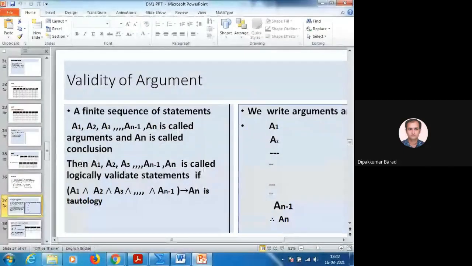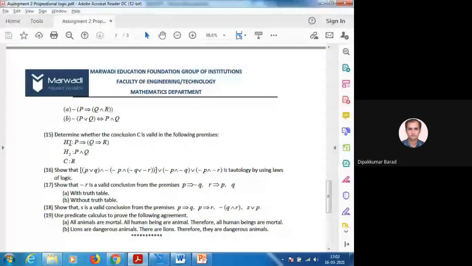Okay, so a1, a2, a3, ..., a(n-1) imply an is a logically valid argument if a1 and a2 and a3 and ... and a(n-1) implies an is a tautology. Okay, so here H1 and H2 implies C. If you get a tautology, then you can say that this argument is valid. Okay, H1 and H2 implies C, which is a tautology, then this is a valid argument. Clear?